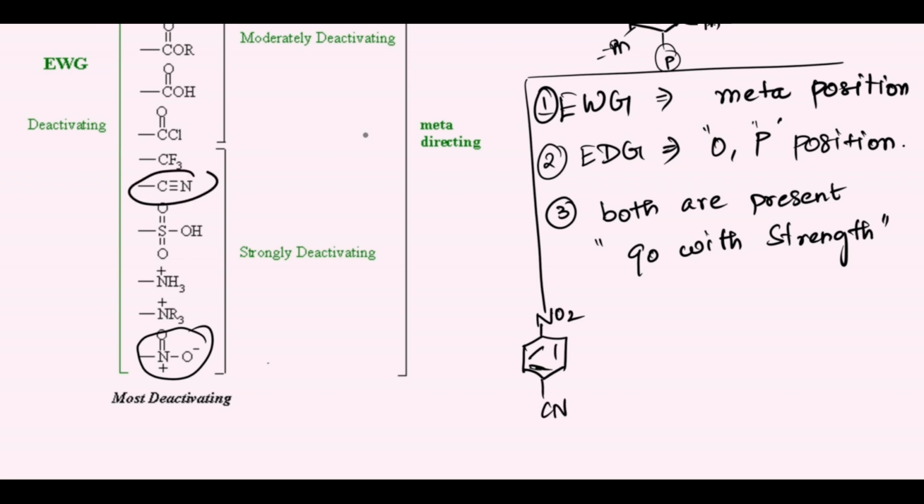Comparing CN and nitro, nitro is more electron withdrawing than the cyanide. So the incoming electrophile should go to the meta position to nitro, which means it can go here or here.